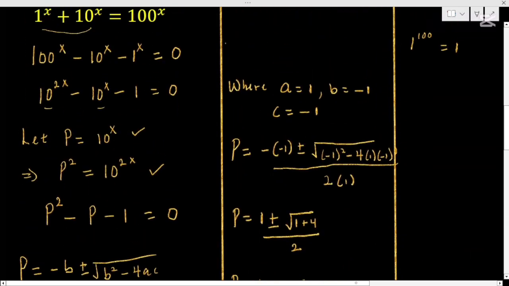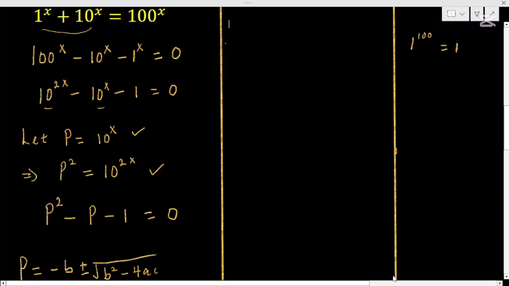So for us to confirm, let me erase this place. We have said the value of x is 0.209. We just have to plug it into this equation here to see if it will actually give us 0. So we'll be having 100 raised power 0.209, minus 10 raised power 0.209, minus 1.